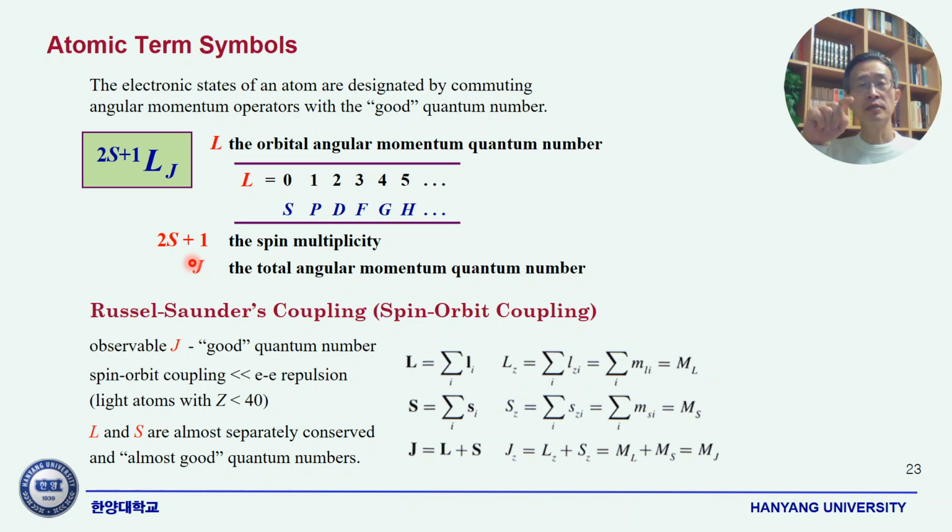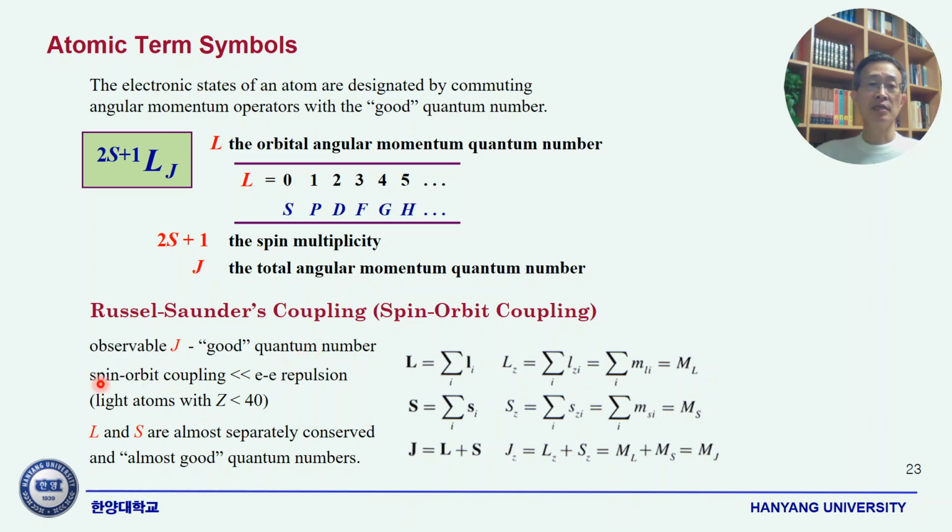What we assume is that there is no or negligible coupling between orbital angular momentum and spin angular momentum. In that case, J is the good quantum number. The condition for that is that the atomic number is less than 40. In that case, it's safe to use.